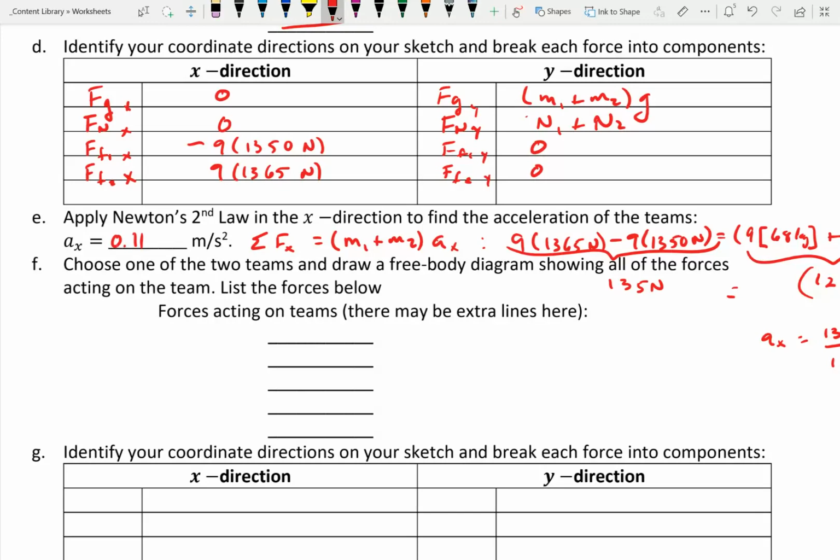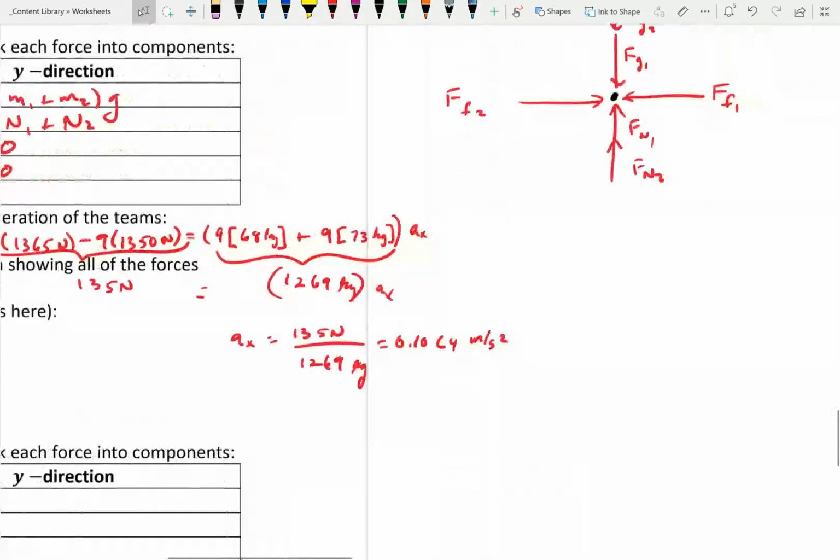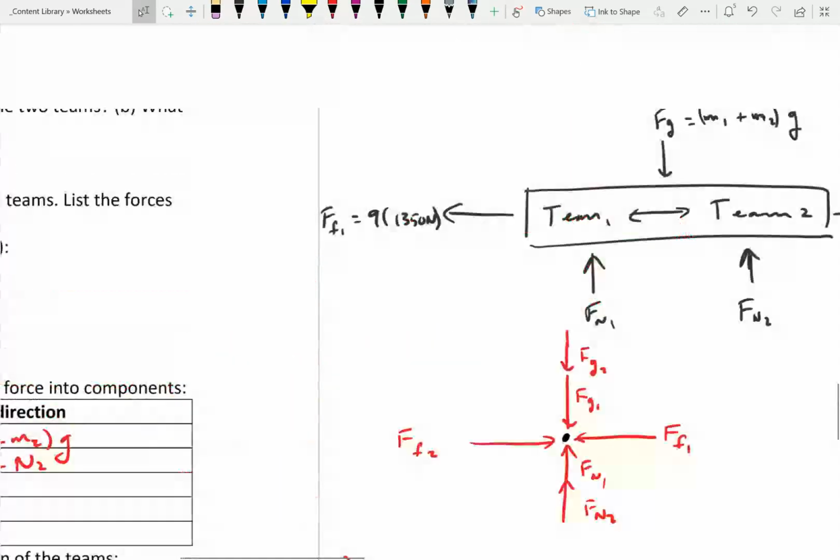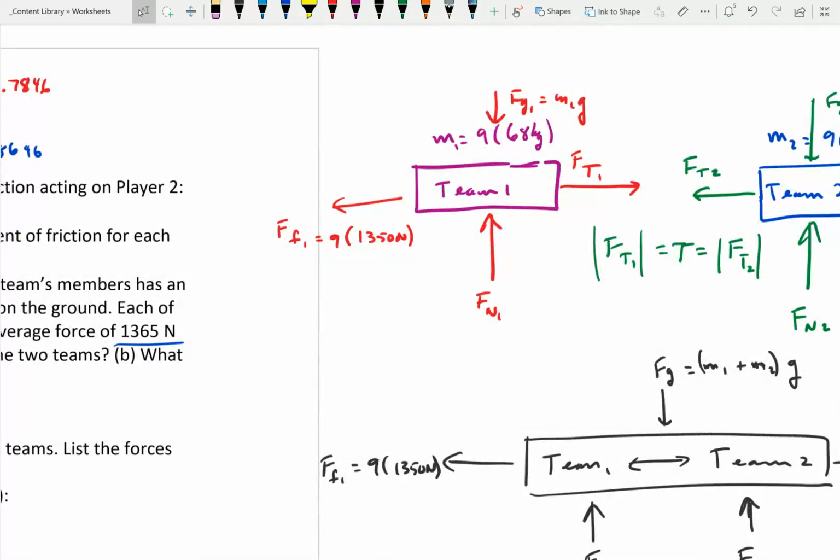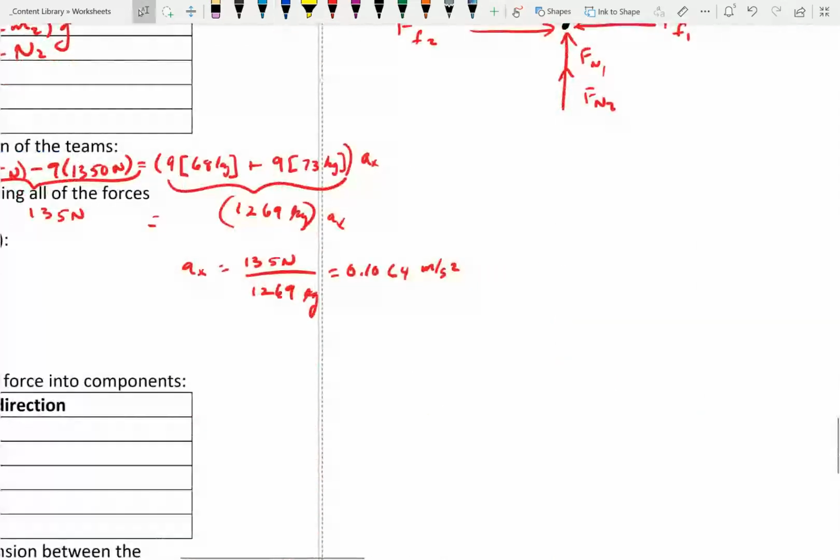acting on the team. So I did both teams up here, team 1 and team 2. So I will arbitrarily just choose team 1. So I've got my forces all shown. The free body diagram for team 1 is going to be, there's team 1.